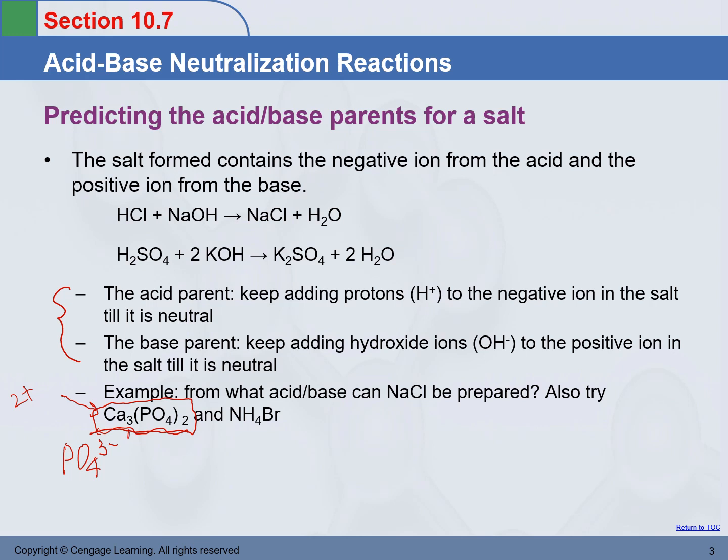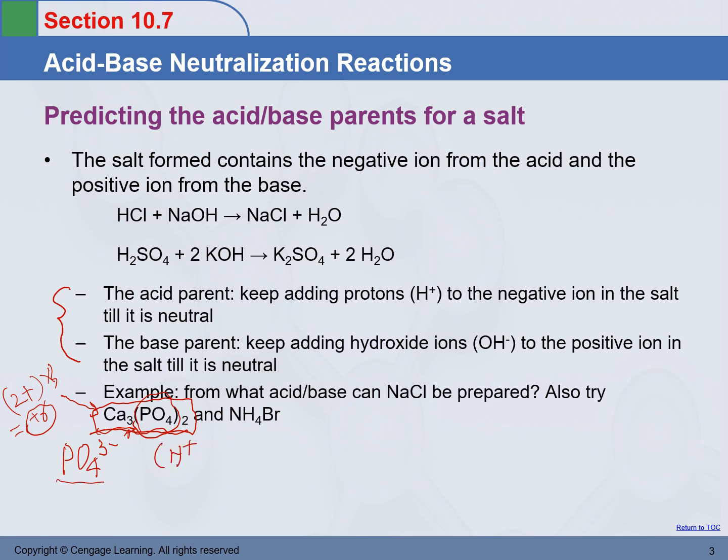You have 3 calcium ions altogether, plus 2 times 3 give you +6. So you have 6 positive charges in the formula. You have 2 phosphate ions. Each one has to be 3-. Make sense to you? All right, you take the negative ion, phosphate 3-.